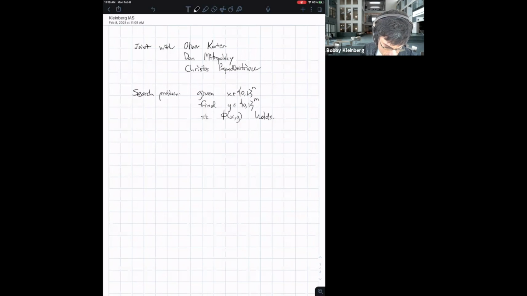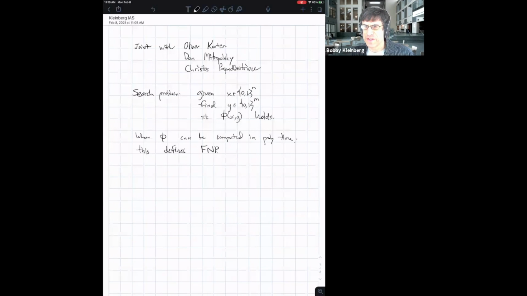And when phi can be computed in polynomial time, this defines the complexity class FNP, which stands for functional NP.